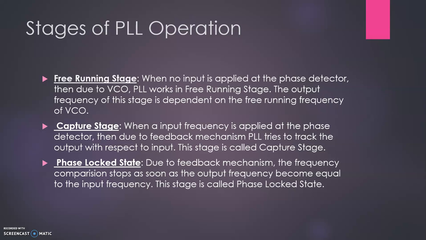When an input signal having some frequency is applied to PLL, then the output signal frequency of the VCO will start changing. At this stage, the PLL is said to be operating in the capture mode. The output signal frequency of the VCO will change continuously until it is equal to the input signal frequency. Now, the PLL is said to be operating in the phase lock.